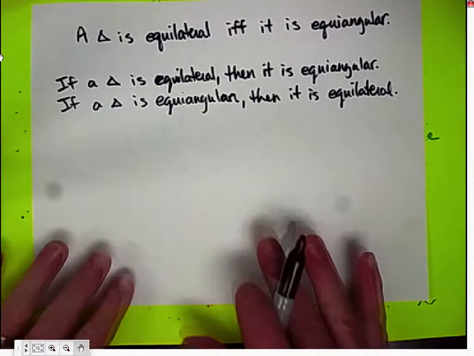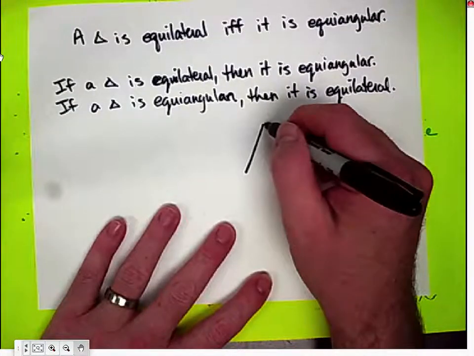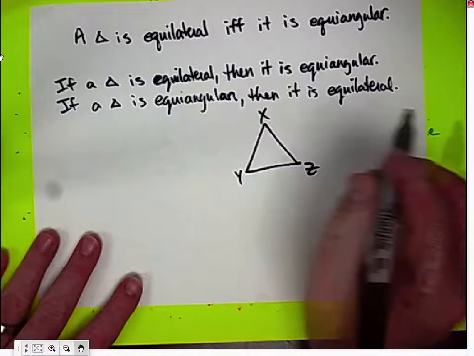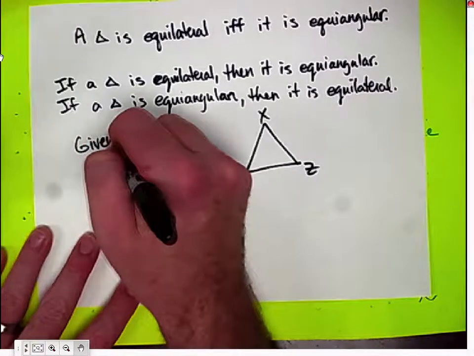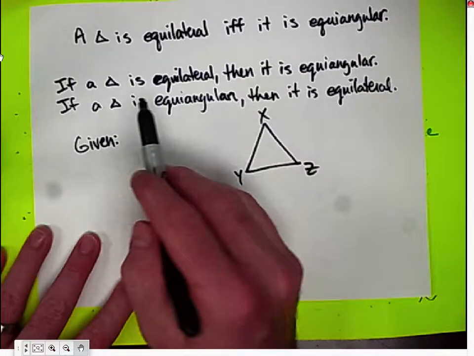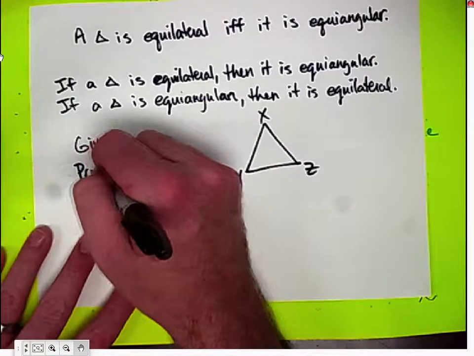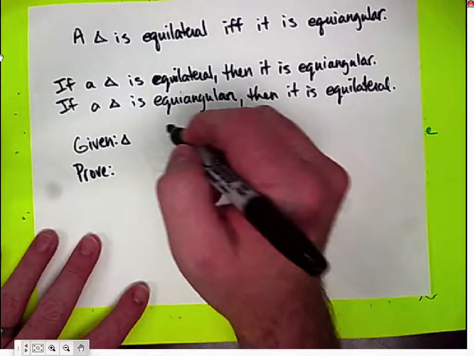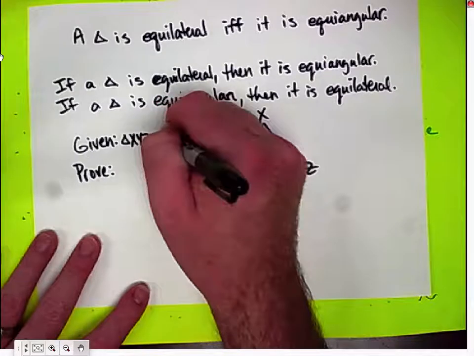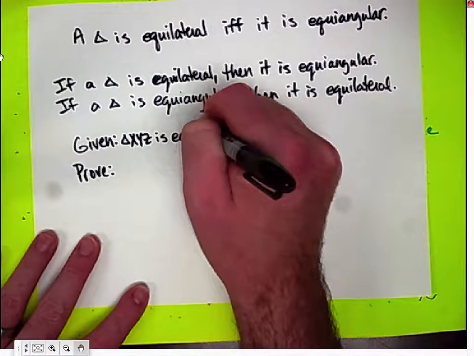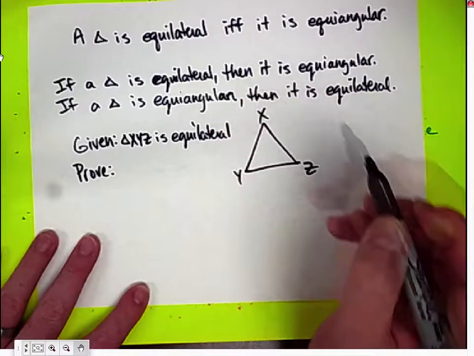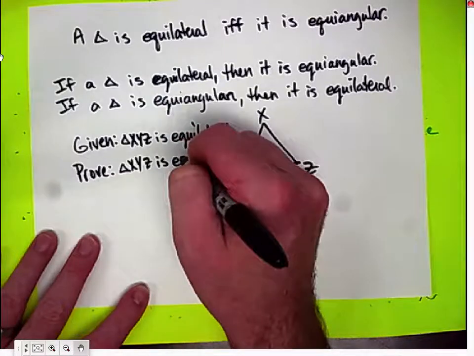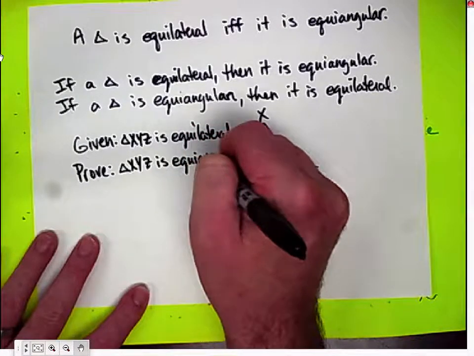For the first one, we're going to have a triangle, let's call it XYZ. If we're trying to prove this first statement, what are we going to be given and what are we trying to prove? We're going to be given that triangle XYZ is equilateral, and we're going to try to prove that triangle XYZ is equiangular.